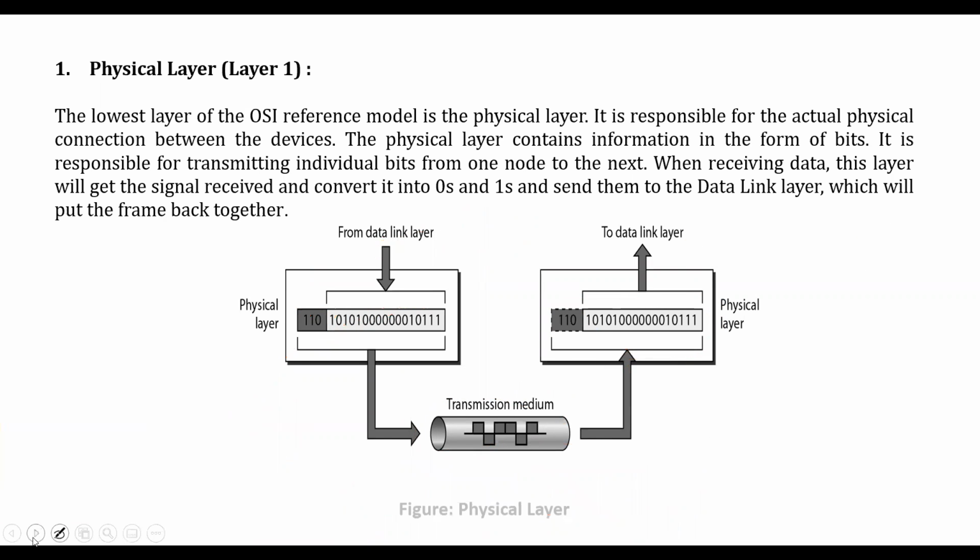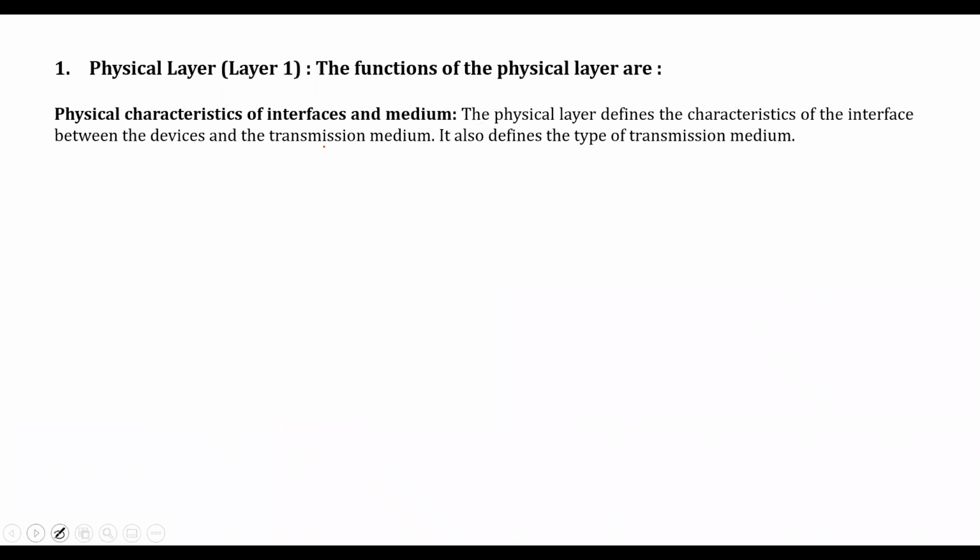Another responsibility of the physical layer is the physical characteristics of interface and medium. Characteristics means, if you opt for optical fibers, what is the capacity and what medium is required? If you opt for coaxial cables or Cat 5, what is the capacity? Whether it is 250 Mbps or 150 Mbps depends on your network size and requirement, and we define what transmission medium we need to use.